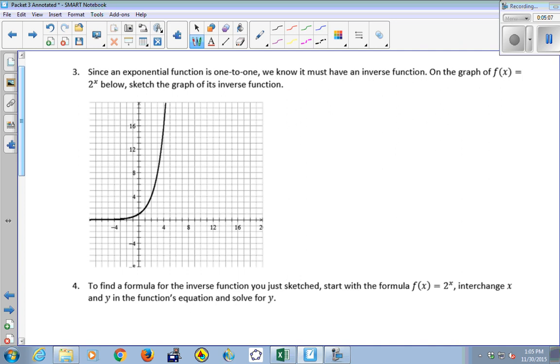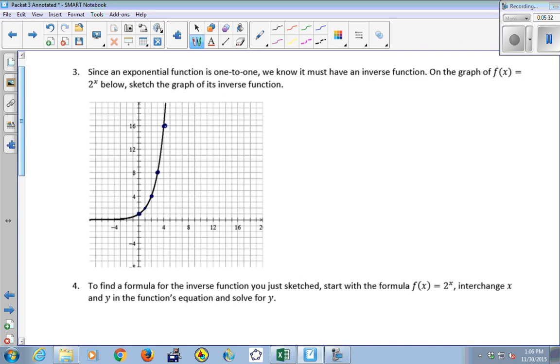Okay, so I'm going to pick some points on 2 to the x, swap their coordinates so that I can graph the inverse. So let's see, that's 0, 1, 1, 2, 2, 4, 3, 8, 4, 16. That should be enough to get me started, right?